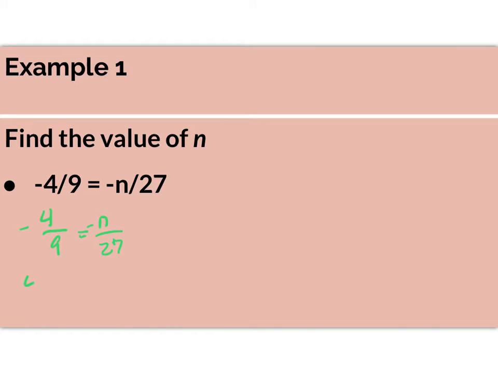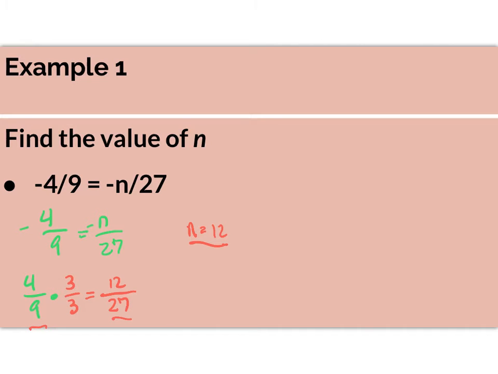So if we take 4/9 and multiply it by 3 over 3, we can see that 9 times 3 is 27. And 4 times 3 is 12. So n equals 12. And these are equivalent fractions. 4/9 and 12/27 are equivalent fractions.